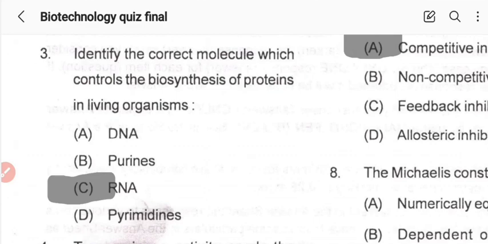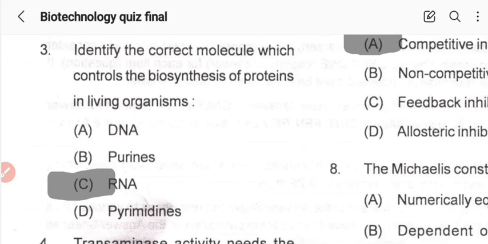RNA has three types: tRNA, mRNA, and ribosomal RNA. All these RNAs are involved in protein synthesis, and they actually decide what the protein should be and which sequence should be followed in proteins. All these things are present and controlled by RNAs. So the right answer is C.